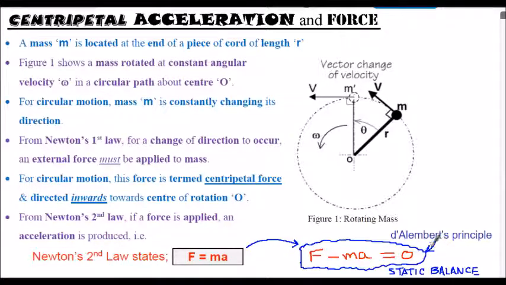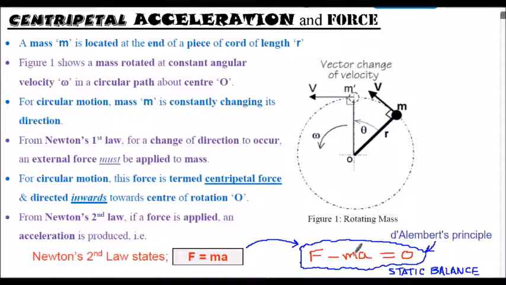But when you've got a rotating mass, you've got something that's accelerating, that's subject to Newton's second law, and that's not a balanced situation. There is an unbalanced force required to give the acceleration. But we can write the second law, as I said, F equals ma, in terms of F minus ma equals 0. It's called D'Alembert's principle in some textbooks.